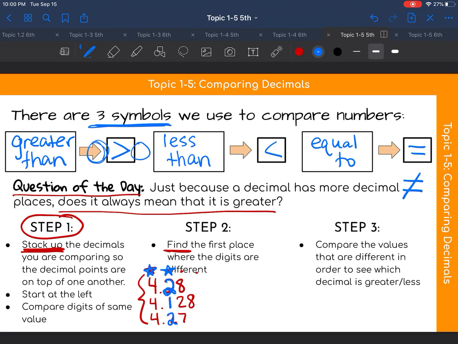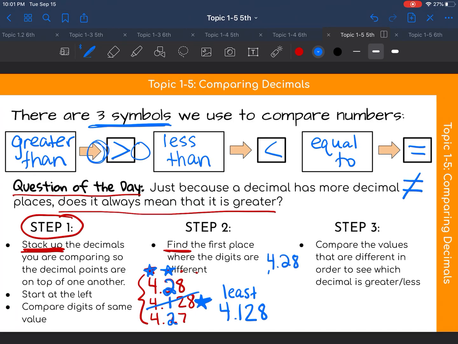So what's less, 1/10 or 2/10? 1/10 is less. So this decimal number, 4 and 128 thousandths, is the least decimal. So we can write that as the least decimal, and we can not even look at that anymore.